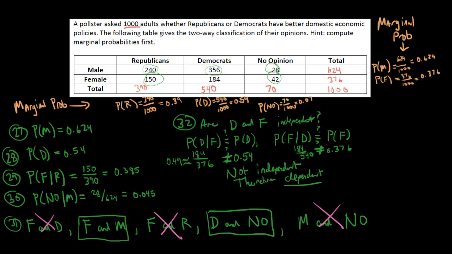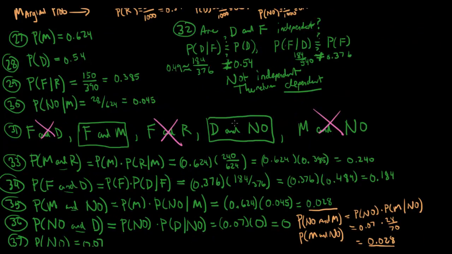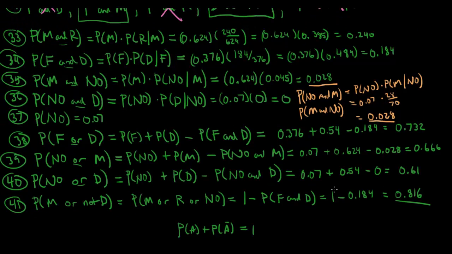So if I figure out the probability of being a female Democrat and subtract that from 1, the theorem we had about A plus A complement having to equal 1 guarantees us that we can find our solution by just subtracting 0.184 from 1, and there we go. So that was a challenging problem, but I wanted to put that on there just to get you to open up a little bit and remember the idea of complement.